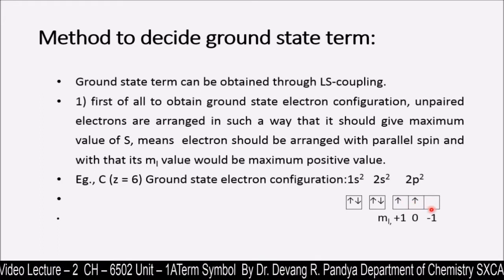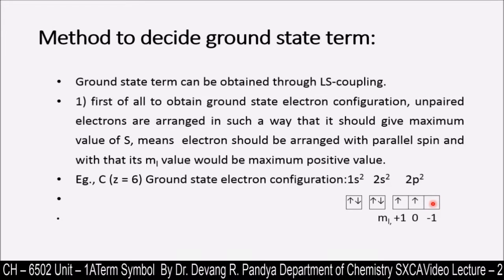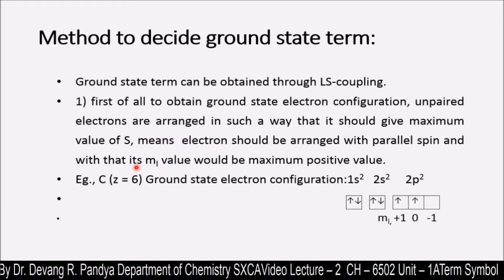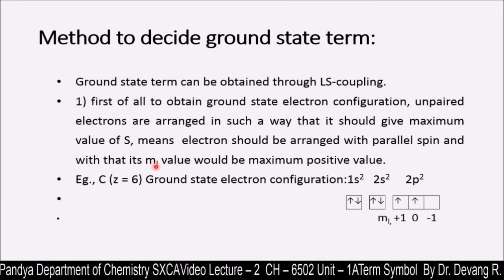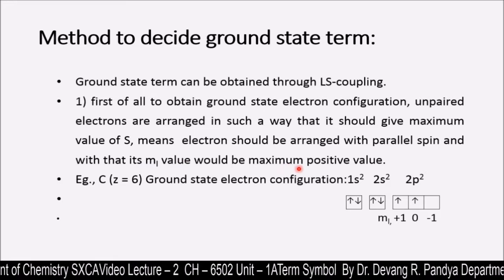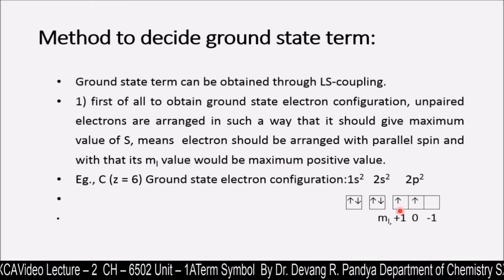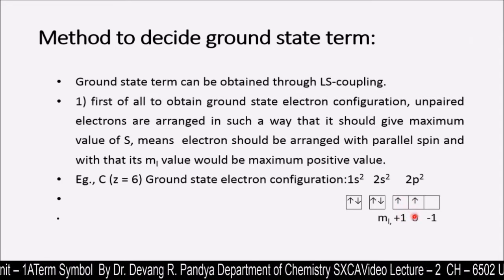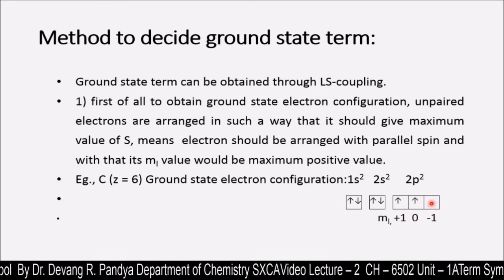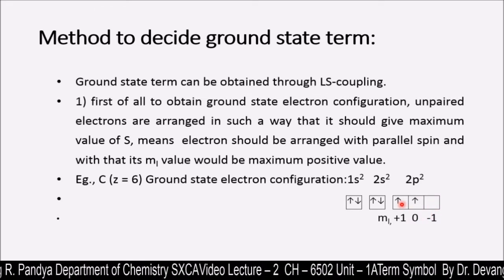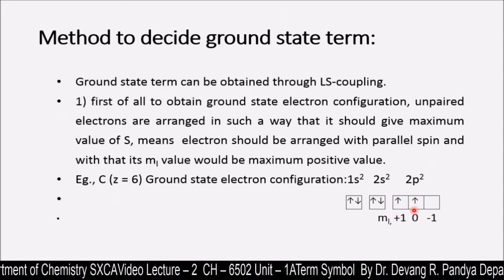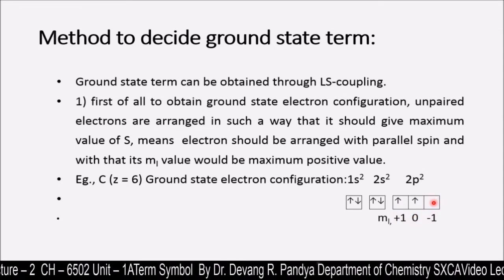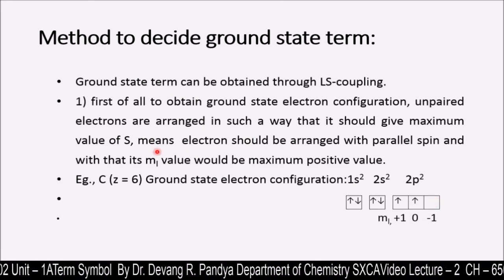But we haven't arranged any unpaired electron into -1, because our rule says that we need to arrange the unpaired electrons in such a way that the m subscript L value would be maximum positive value. So the maximum positive value we get is +1, then 0, and then -1 will come. So we have arranged the first unpaired electron into +1 and the other into 0, but we haven't arranged any electron into -1 using this first step.